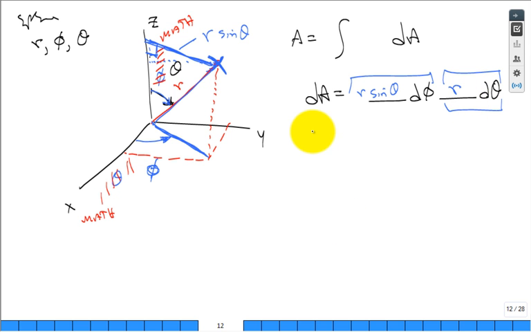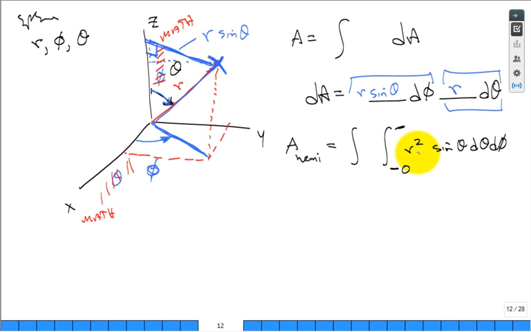Now you can test yourself and calculate the area of a hemisphere. I'm going to sum up all the little d areas, so it'll be r squared times sine of theta, d theta, d phi. It really doesn't matter the order, but now I need to integrate with respect to theta. For a hemisphere, what is the smallest theta? 0.